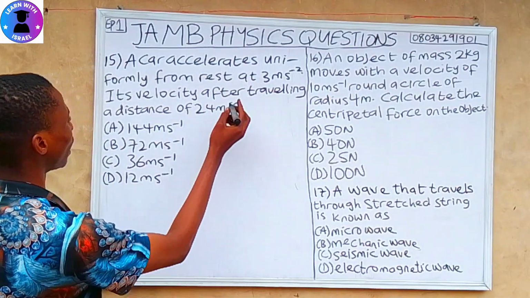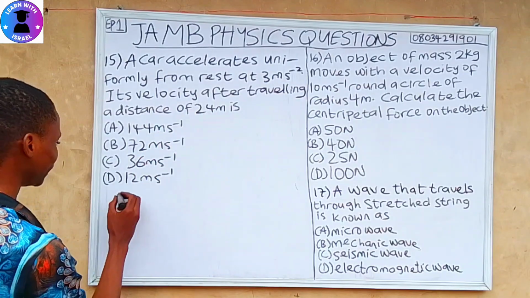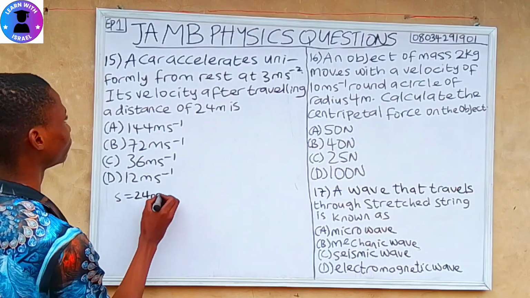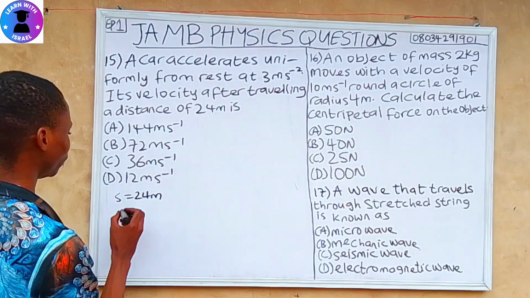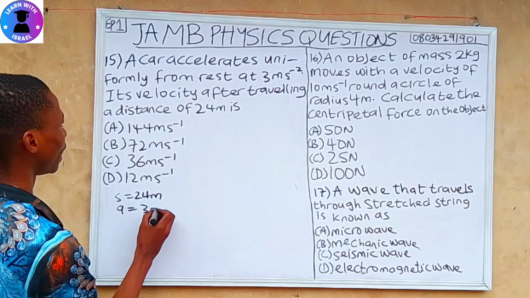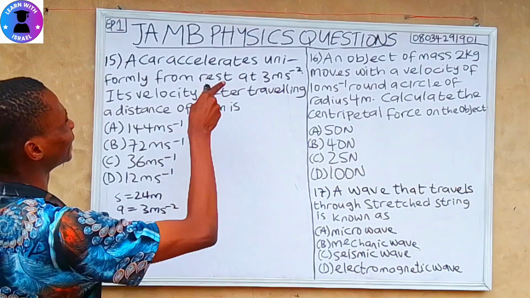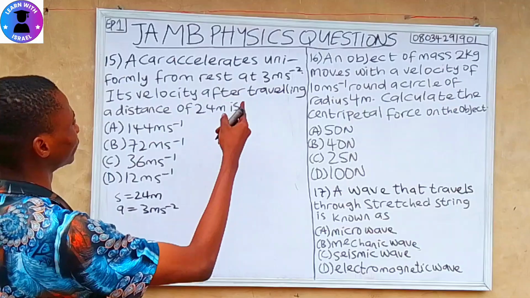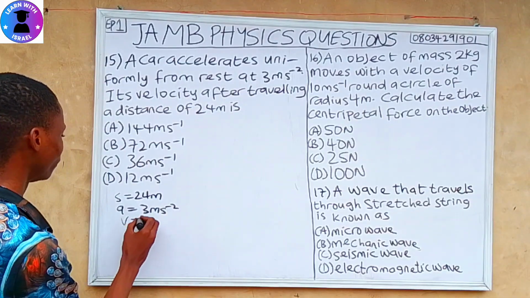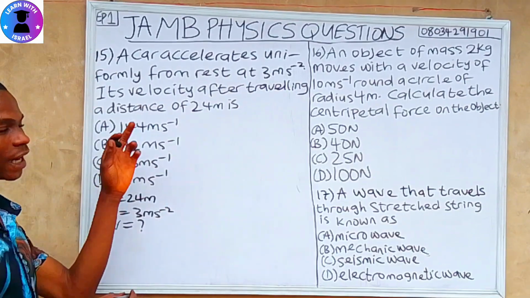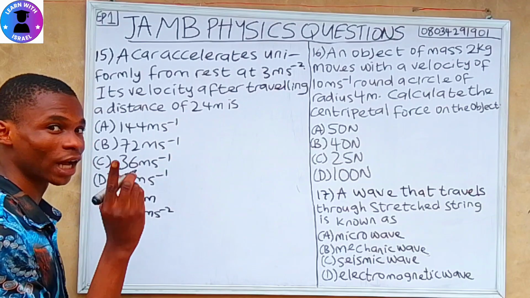Our distance is known as 24 meters, and our acceleration is 3 meters per second squared, because it says the car accelerates uniformly from rest. We are looking for our velocity. Let me recap the formulas so you will be able to remember.